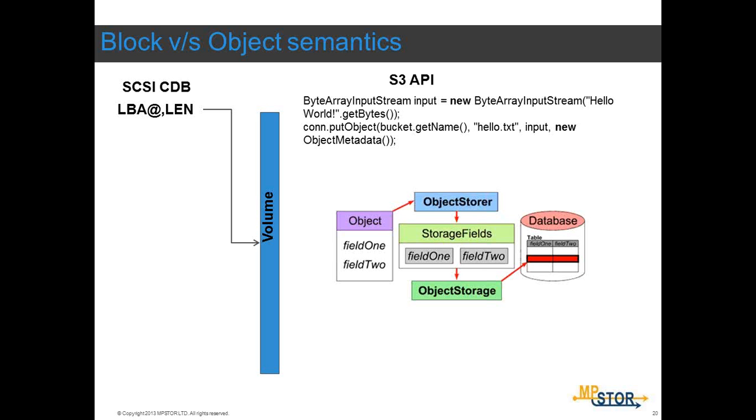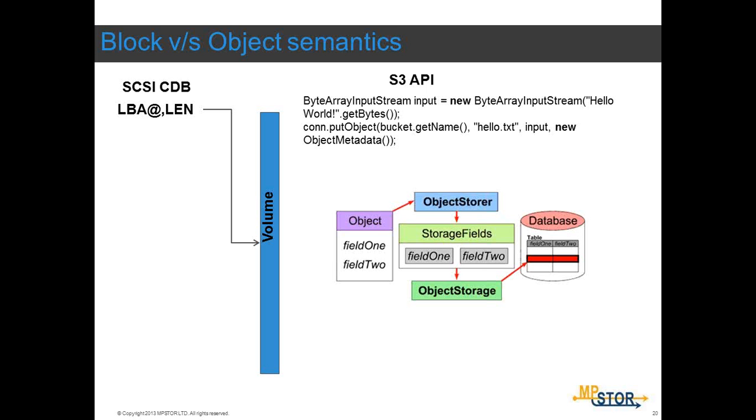But an object store is itself a complex application which uses databases and metadata, has an API head, and the semantics look completely different to a SCSI command. So those semantics lend themselves to doing certain things.